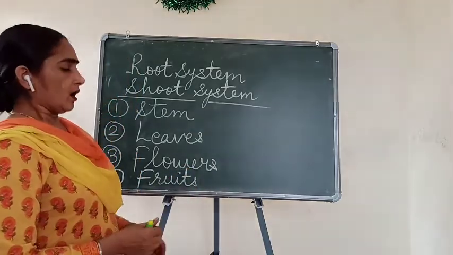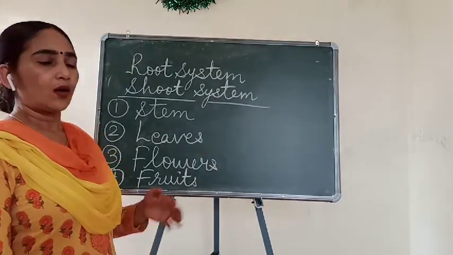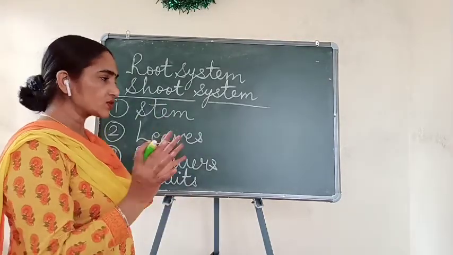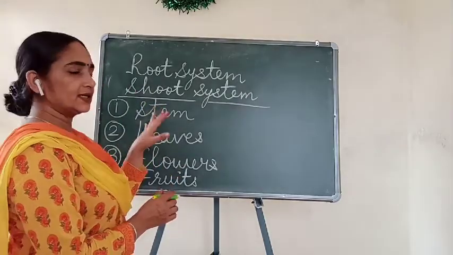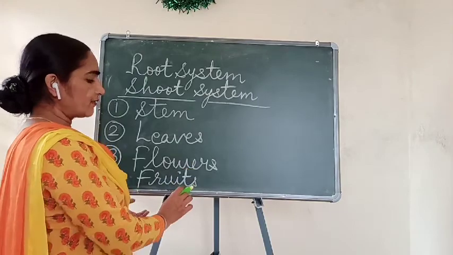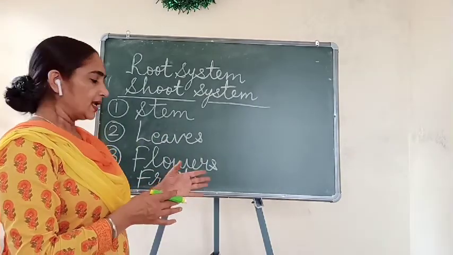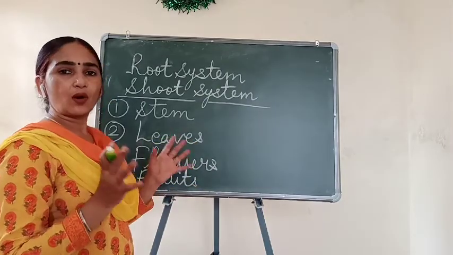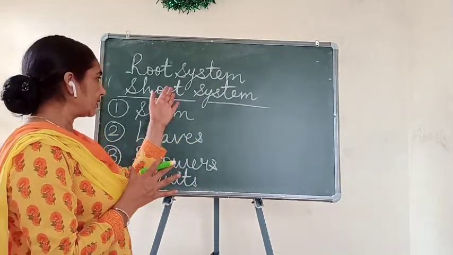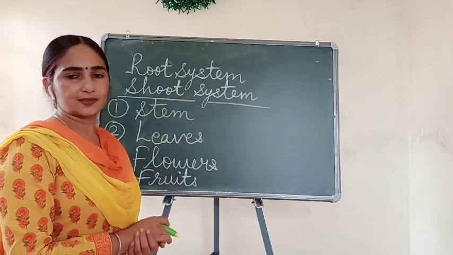Children, you can see all these parts in most plants. And stem, leaves, flowers, fruits, and even floral buds and leaf buds are all present under a single system, which is called the shoot system.